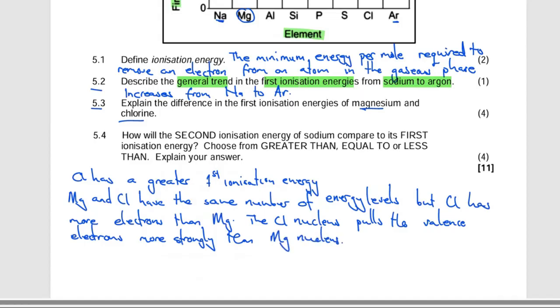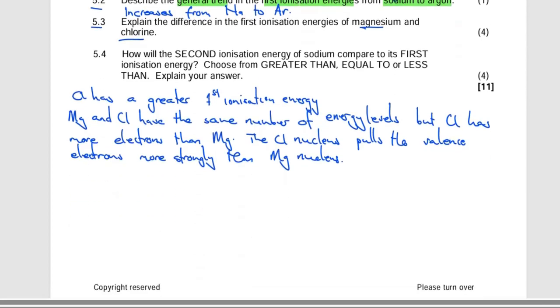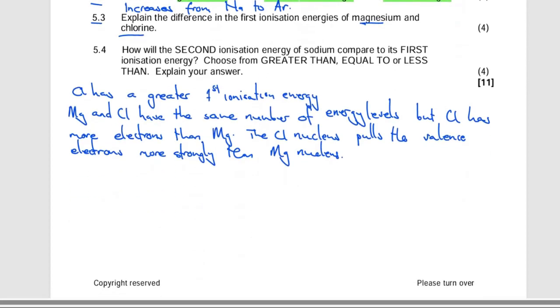Because of that, we're having those differences in the first ionization energies. So that was our 5.3.